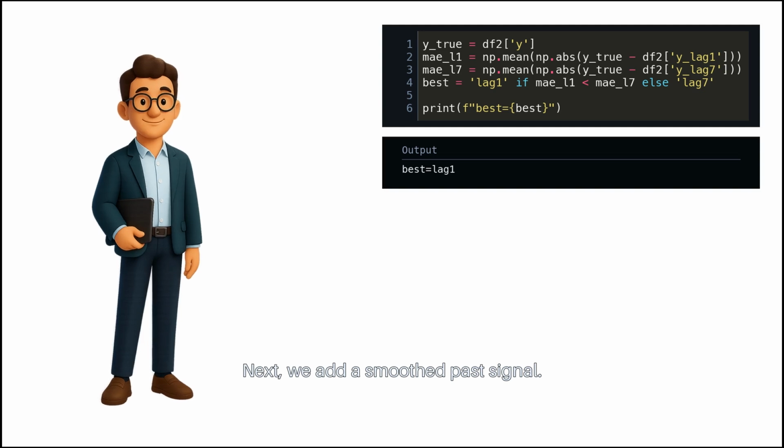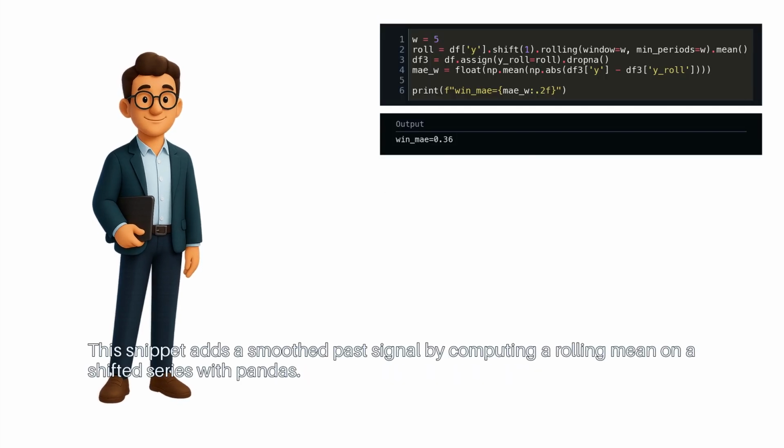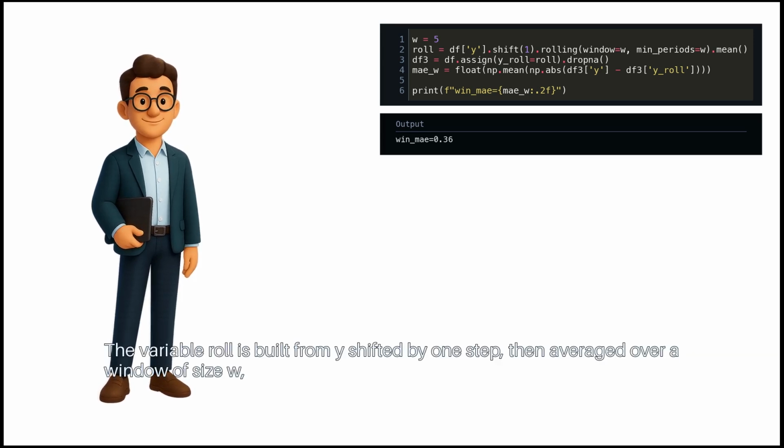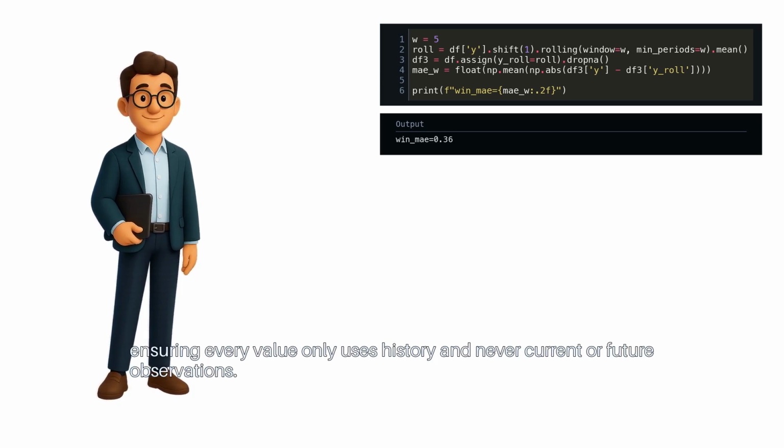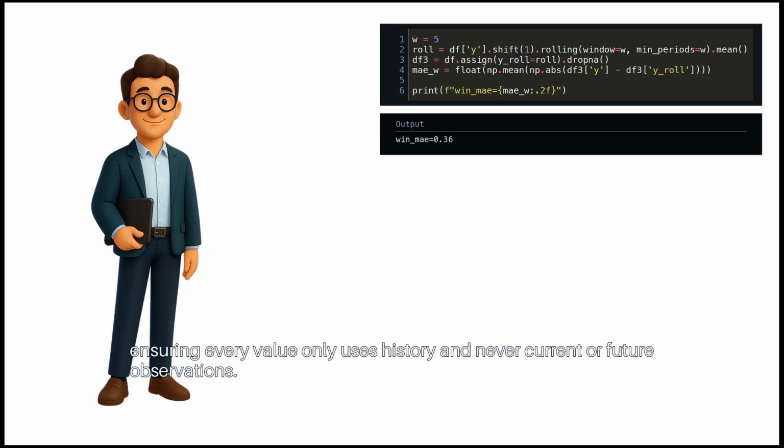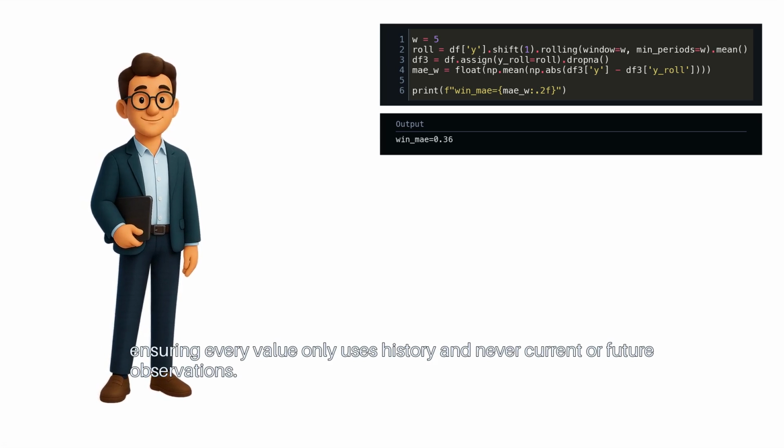Next, we add a smoothed past signal. This snippet adds a smoothed past signal by computing a rolling mean on a shifted series with pandas. The variable yRoll is built from y shifted by 1 step, then averaged over a window of size w, ensuring every value only uses history and never current or future observations.